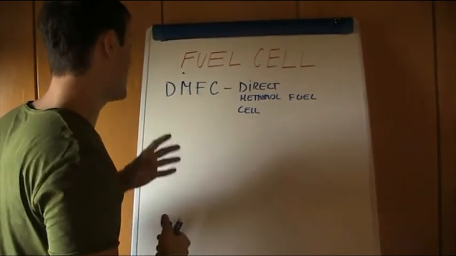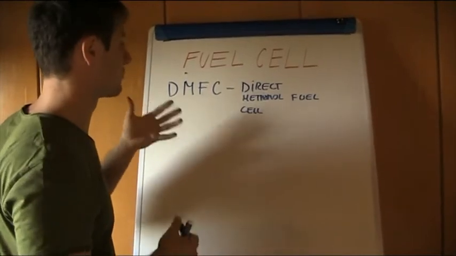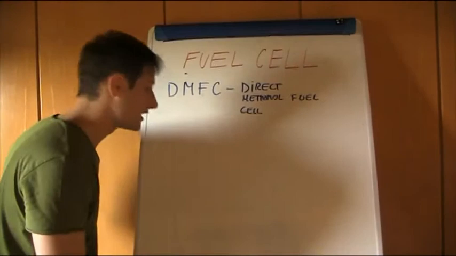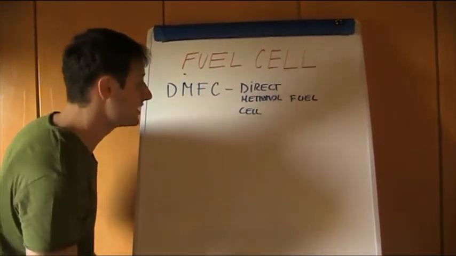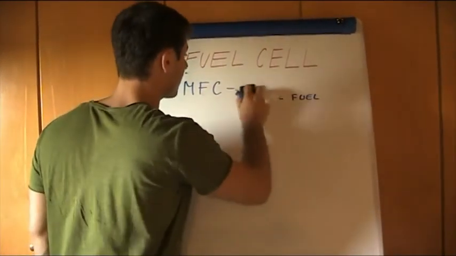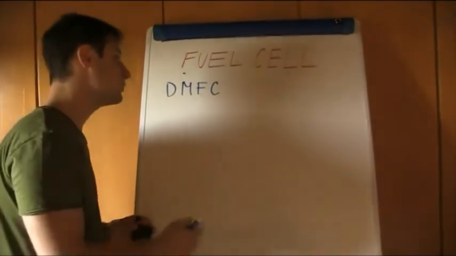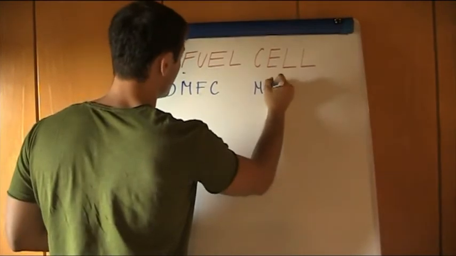The direct methanol fuel cell is a fuel cell based on a proton exchange membrane in which the fuel is not gaseous hydrogen, but liquid methanol, in particular liquid methanol in a water solution, 1 molar.